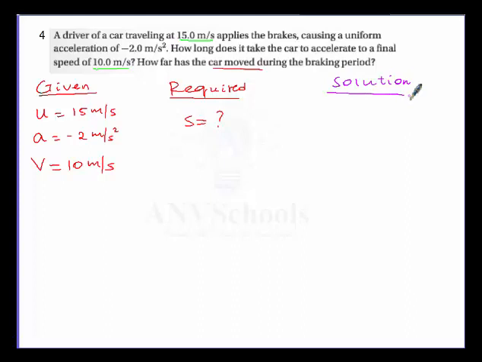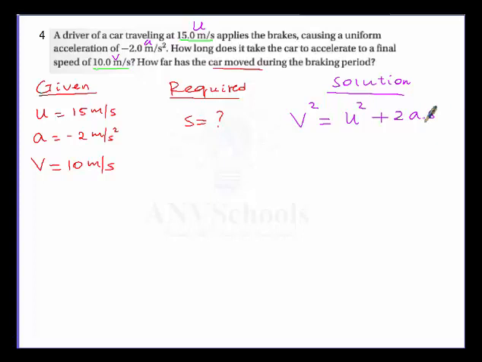I know the initial speed, the final speed, and the value of acceleration, so which formula do I have to use? Let's use the formula: final speed square is equal to initial speed square plus 2 multiplied by acceleration multiplied by distance.